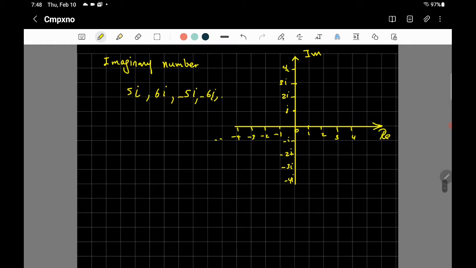If you have a number that has both real and imaginary, how do you write it? Well, when you say z equal to 3 plus 4i, that's the real part, and 4i, that's the imaginary part.